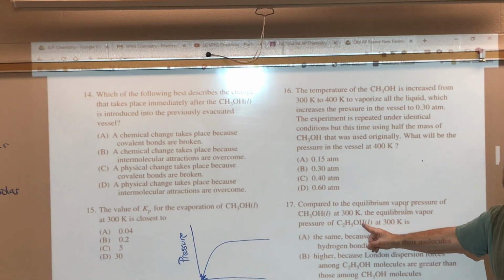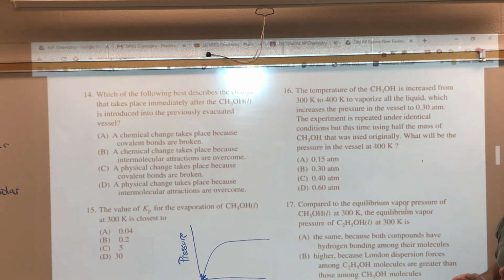Now, compared to the equilibrium vapor pressure of methanol, the equilibrium vapor pressure of the ethanol. So what did we say? Remember we said ethanol was bigger, so that means its attractive forces are stronger. What is that going to mean about its vapor pressure and its boiling point? Those relationships between size, the strength of attractive forces, vapor pressure, and boiling point, you must know those.